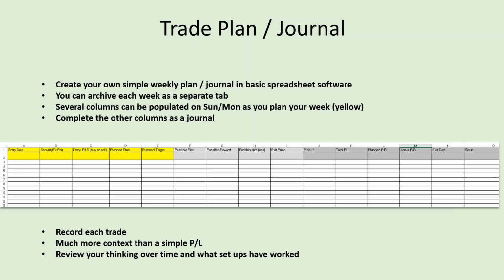So what I've got here on the screen is a quick screenshot of the actual spreadsheet. This is just simple. Use your favorite spreadsheet software, Google Sheets, Microsoft Excel, whatever. And as you go left to right, as you look at the visual, you'll be able to sequentially fill out the information.